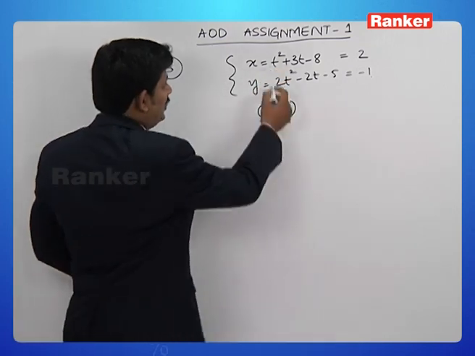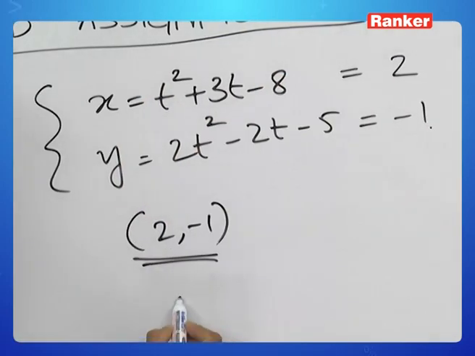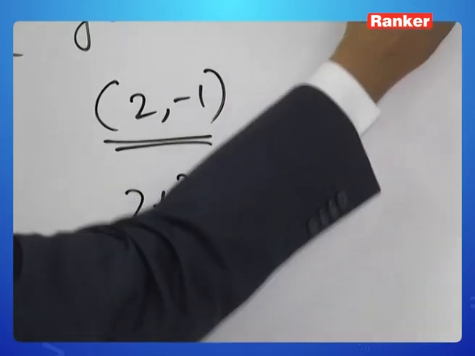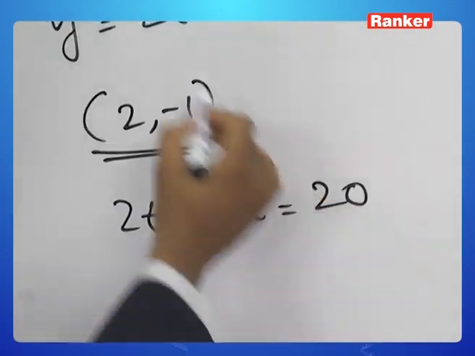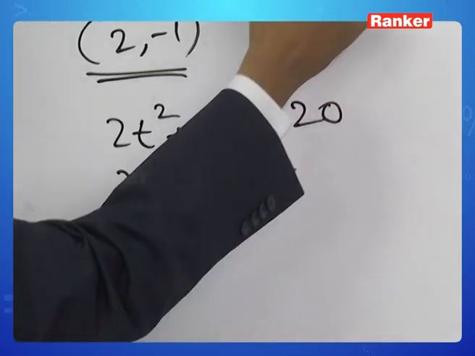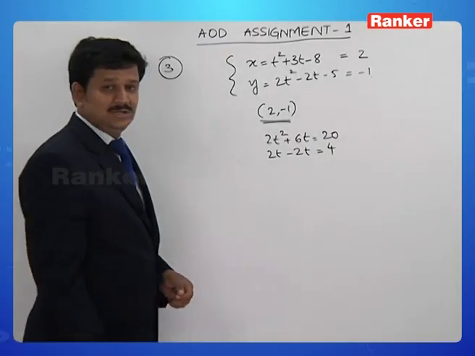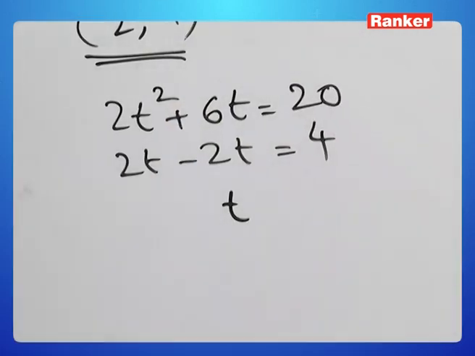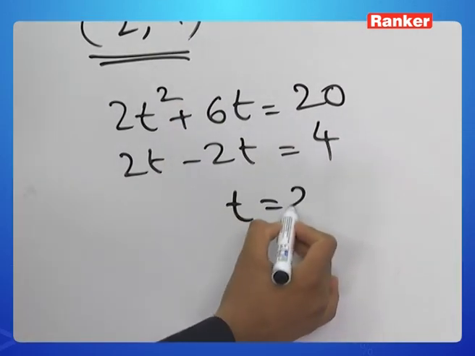Multiplying the first equation by 2, 2t square plus 6t is equal to 10, and 2t square minus 2t is equal to 4 from the second equation. Subtracting both of them, we get 8t is equal to 16, or t is equal to 2.